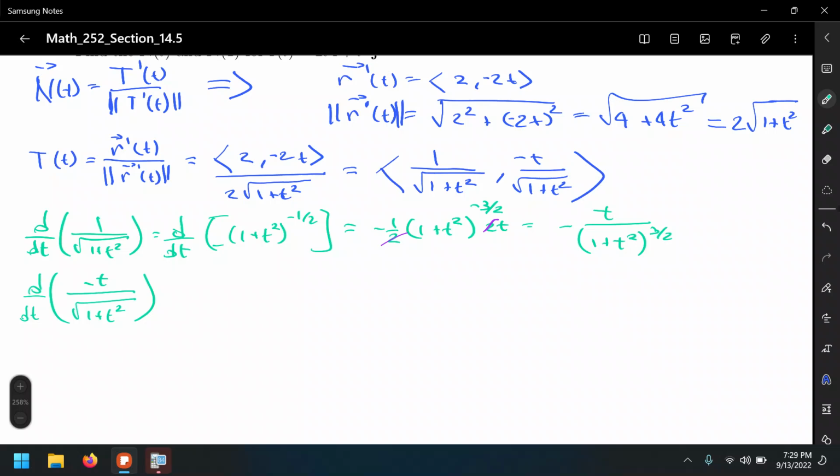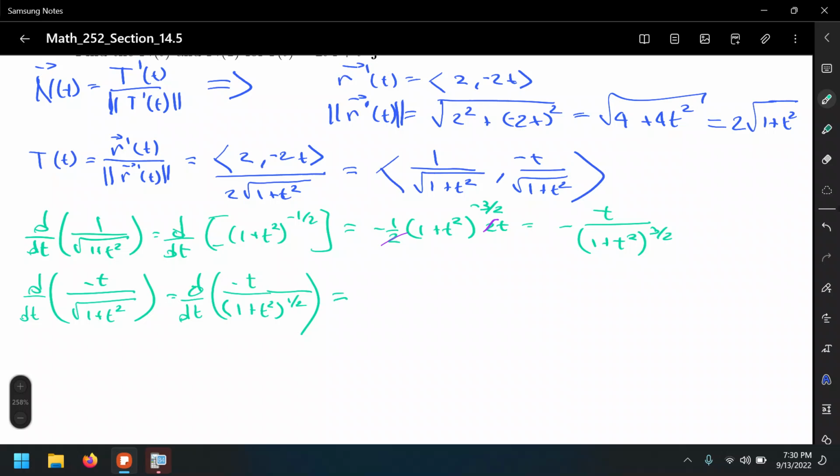Well, number one, in this case, we will have to use a quotient rule, not the chain rule. Number one, let me rewrite this as 1 plus t squared to the 3/2. Oh, wait a minute, to the 1/2. And let's use the quotient rule in this case.